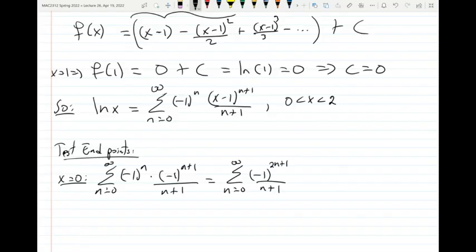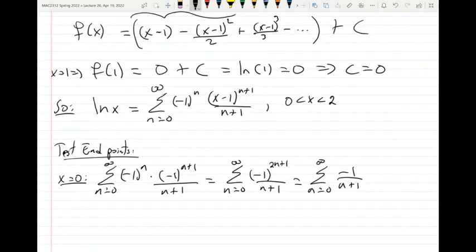What do you know about 2n plus 1? It's always an odd number, so -1 to an odd power is just -1. So this is going to be the sum from 0 to infinity of -1 over n plus 1. This is the negative of the harmonic series.